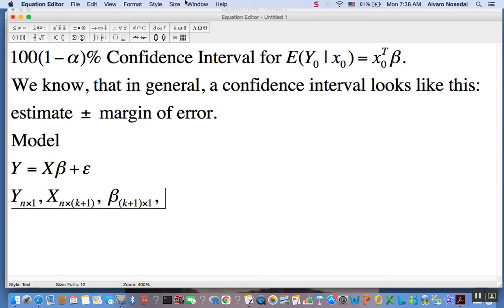And we also have, of course, epsilon, which is our vector of random fluctuations, and it will have the same dimension as our vector of observations, n by 1. Okay, so anyway, even when we see this, what I want you to keep in mind is that now we have vectors and matrices involved.